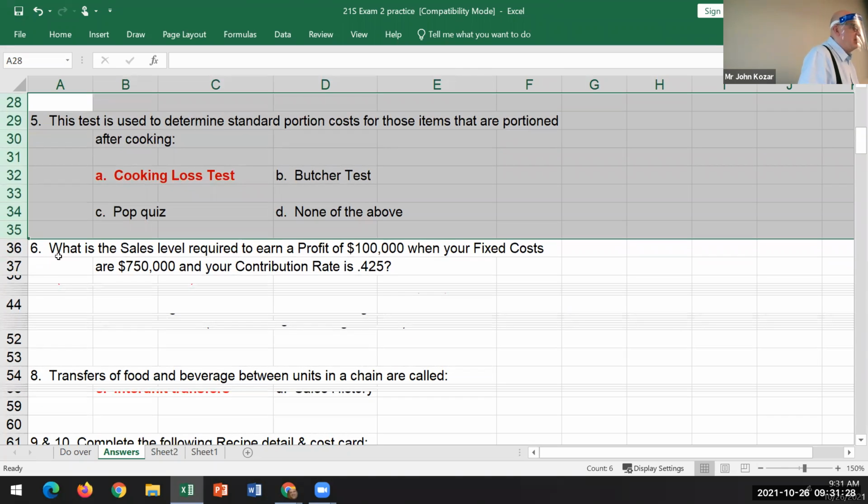Okay, what is the sales level required to earn a profit of 100,000 when your fixed costs are 750,000? Your contribution rate is 0.425.